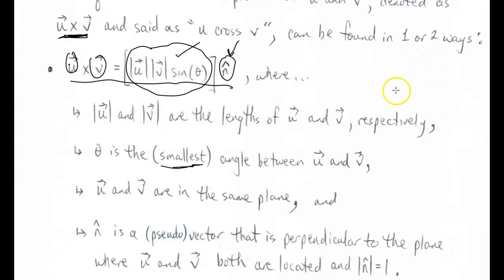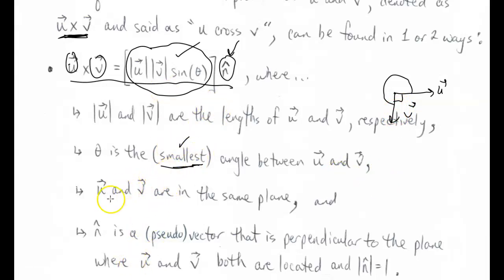For instance, if I had some vector u like this, and a vector v like this, let me draw this differently to make the angles easy. So let's say this is u and that's v. Of course, there's a 90-degree angle in between here, but there's also a 270-degree angle. And we want to consider the smallest one, not the largest one. That's why I have the word smallest there.